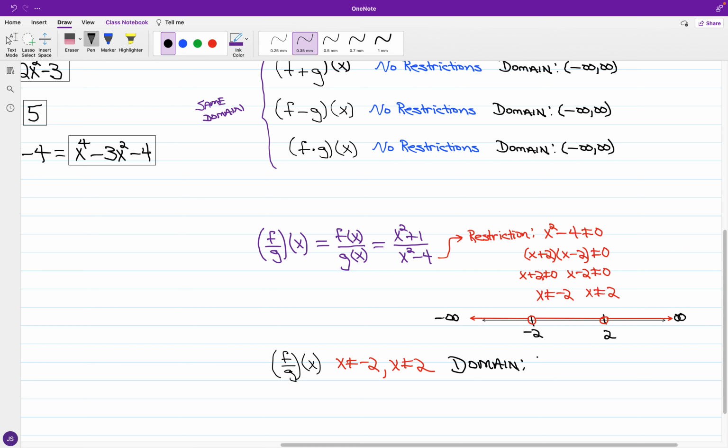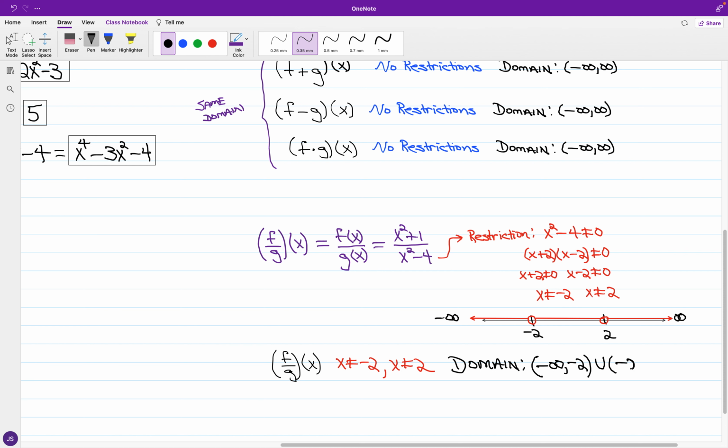3 sections. At the lowest end, you're going to have those values of x less than negative 2, and bypassing negative 2, next in line we have those values between, but not including, negative and positive 2.